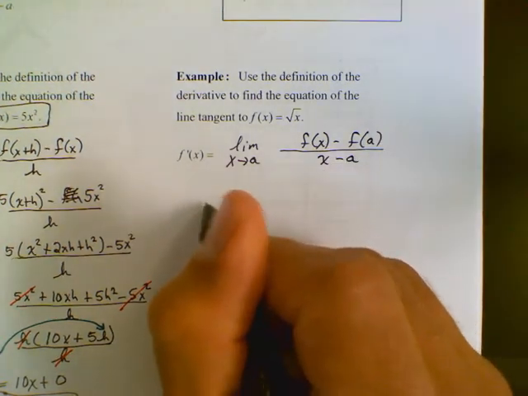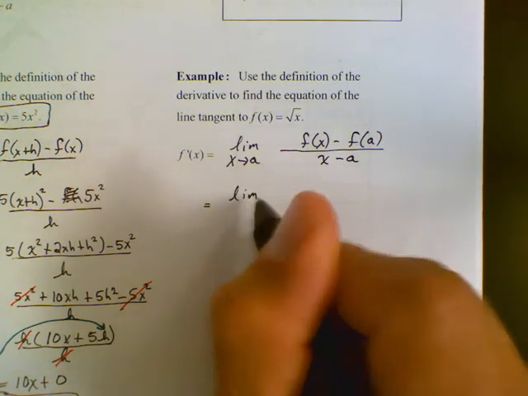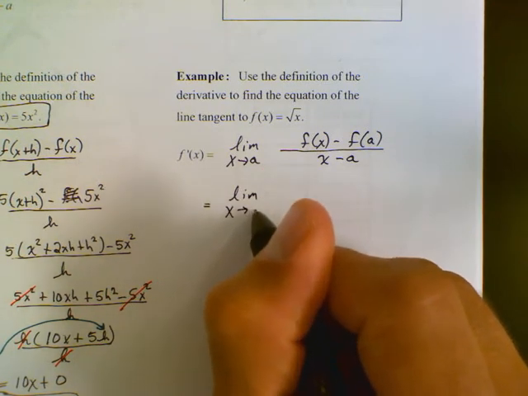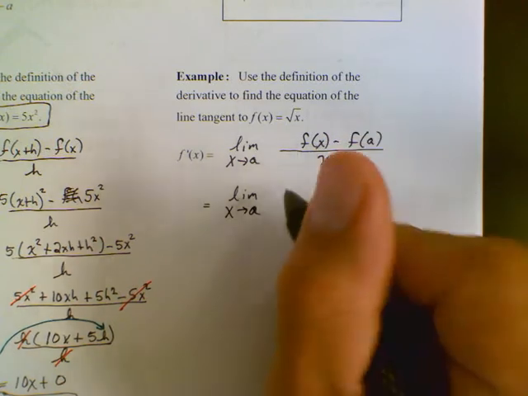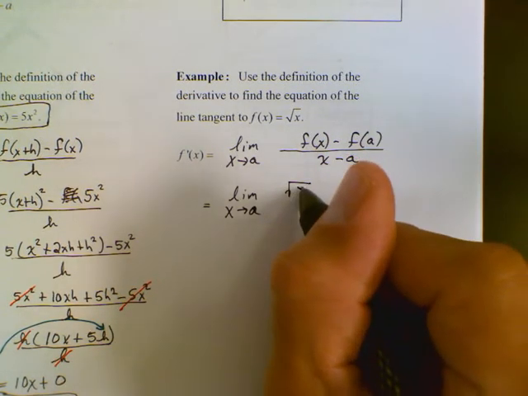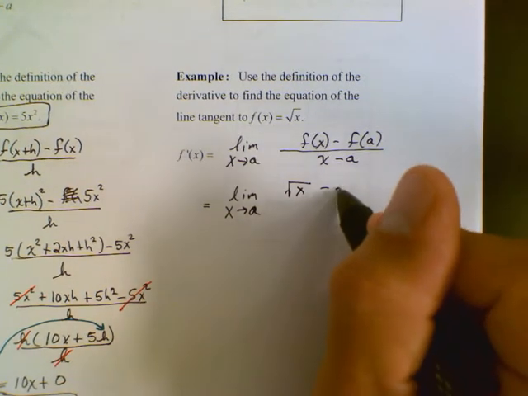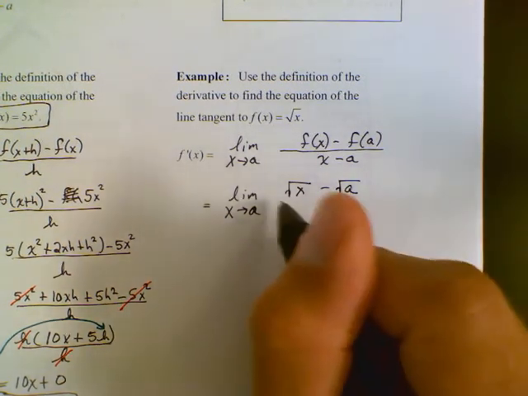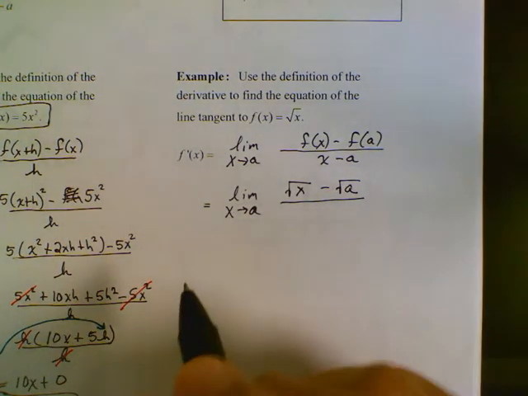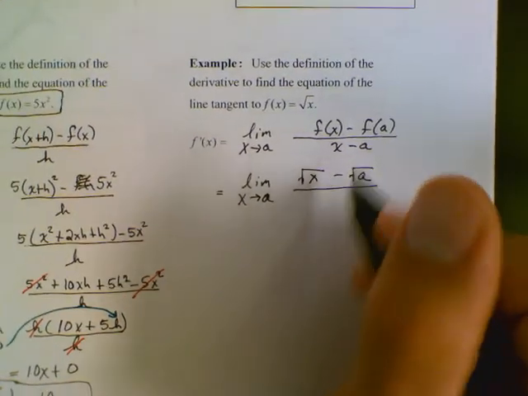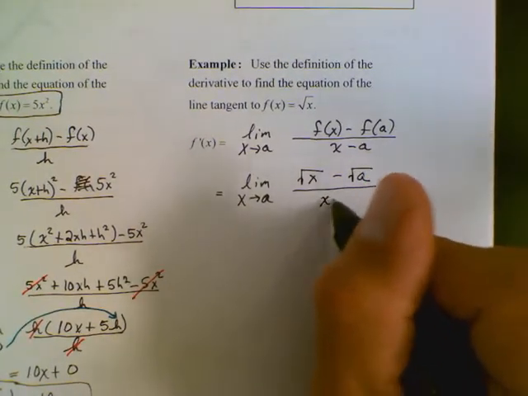So let's try this one. Well, f of x is just the square root function, the square root of x. f of a is just the square root of a. And then the denominator is still going to remain as x minus a.